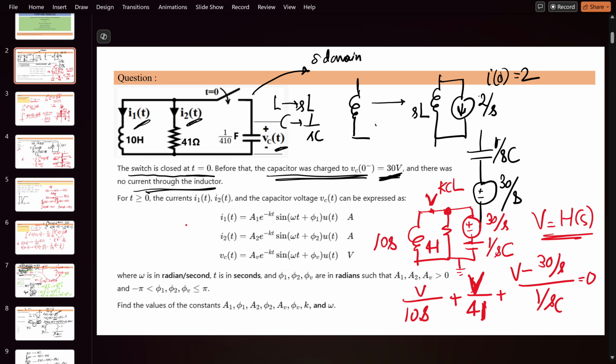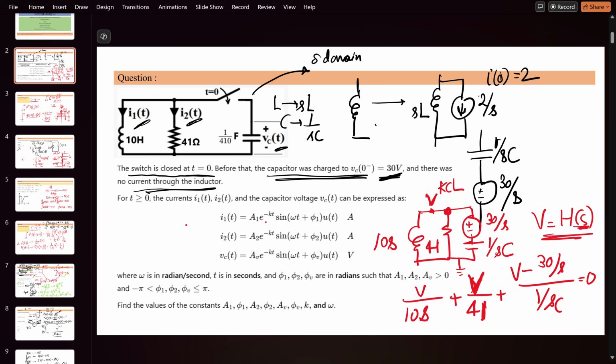There are a few formulas. Have a look by yourself and see the lecture slides, the lecture deck, basically, and you will get the feel of how to convert from the S domain to the T domain and the T domain to the S domain. When you get this V as a function of S, you can directly convert it into the T domain.